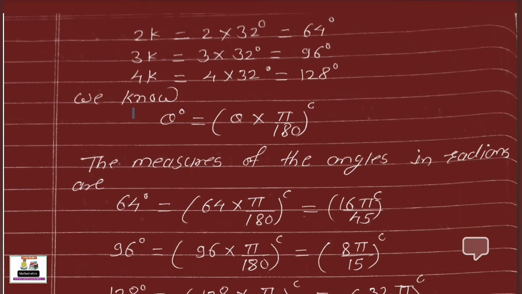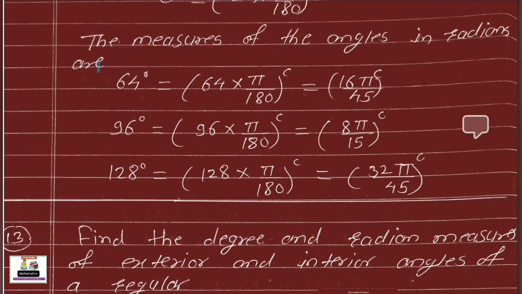Again we find these angles in radians. We know that theta degrees is equal to theta into pi by 180 radians. So the measures of the angles in radians are: first angle is 64. Convert this into radians. Multiply by pi by 180 radians, and the answer is 16 pi by 45 radians.